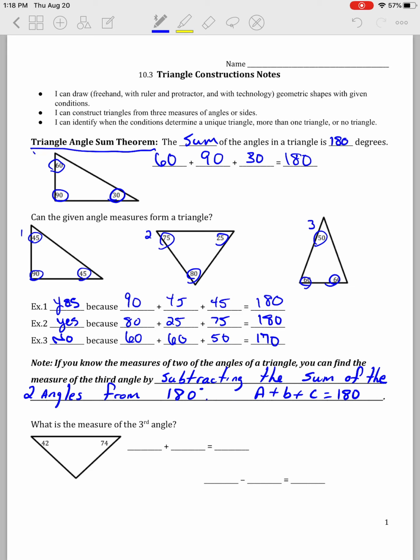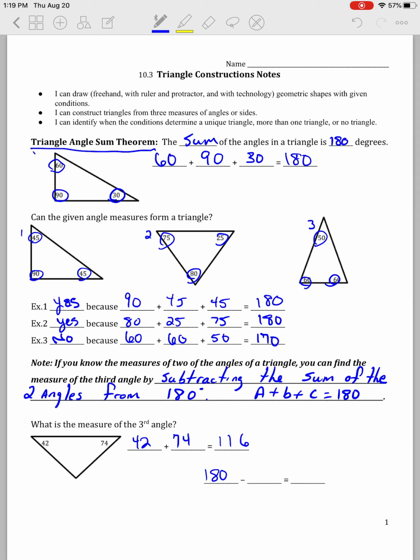So let's look at an example down here. What's the measure of the third angle? If I have one that is 42, the other one is 74, if I add those up, what do I get? 4 plus 2 is 6, and 7 plus 4 is 11, so it's 116 degrees.